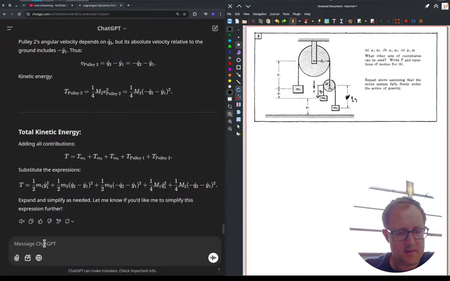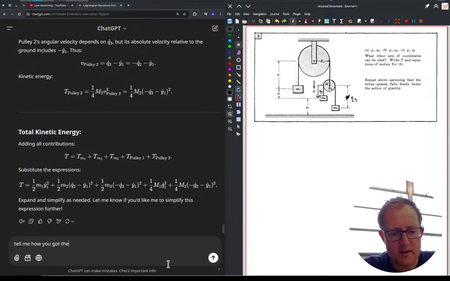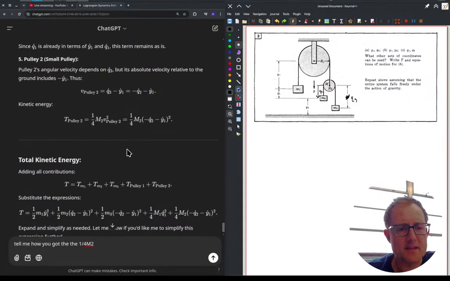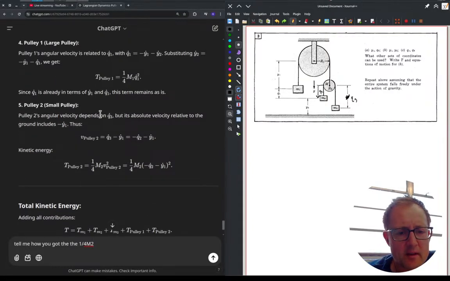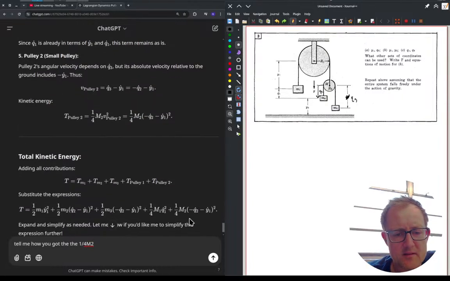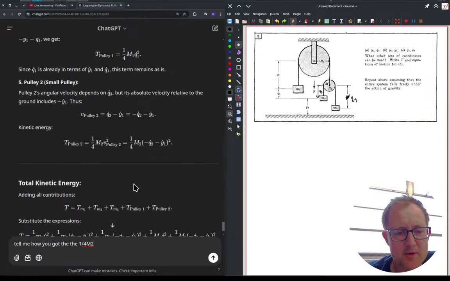Tell me how you got the 1/4 m. Well, I guess it does. It tells me up here, right? But it's absolute velocity. So shouldn't there be 2 capital M2 terms?